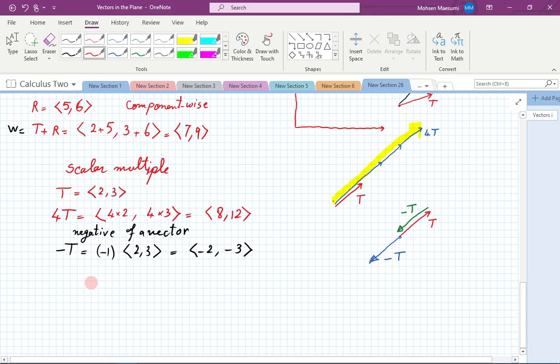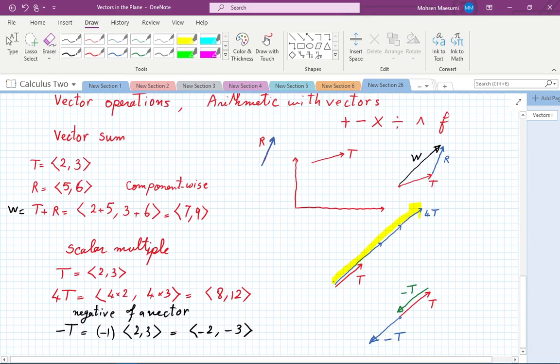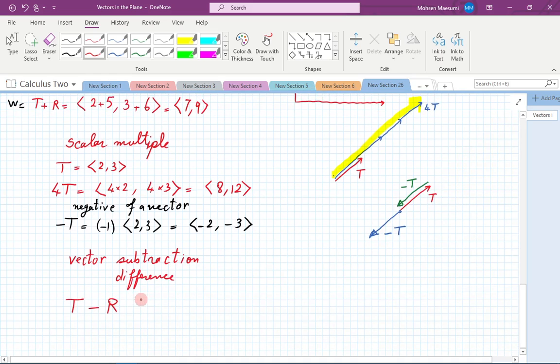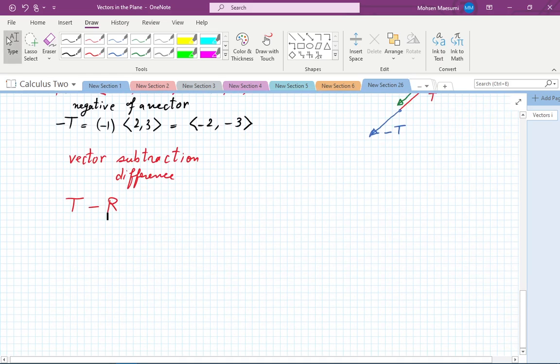Next topic up, well, we did addition, vector sum. How about vector subtraction, or vector difference? So suppose I have a vector t and I want to subtract r from it. Well, exactly like elementary mathematics, you can think about this thing as t to which you're adding the negative of the vector r.